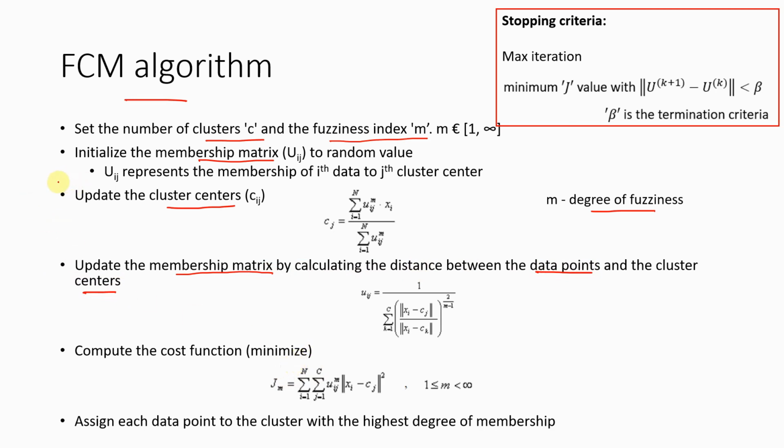These steps are repeated until the maximum iteration is reached, or the minimum cost function with the particular termination criteria is achieved. At the end of the algorithm, every data point is assigned to the specific cluster that has the highest degree of membership.